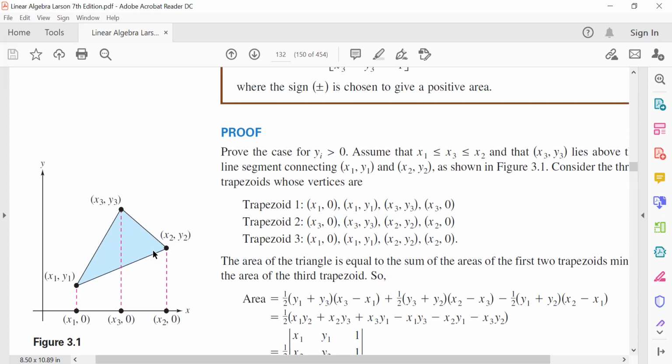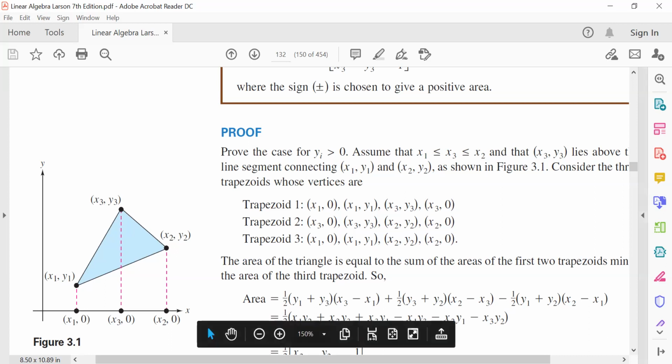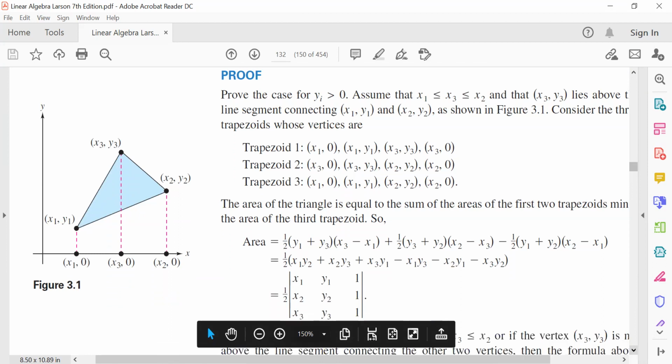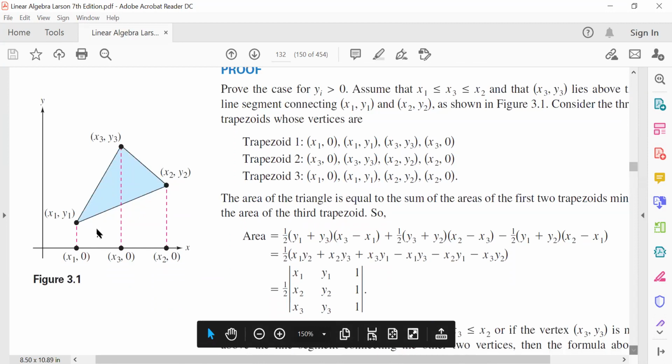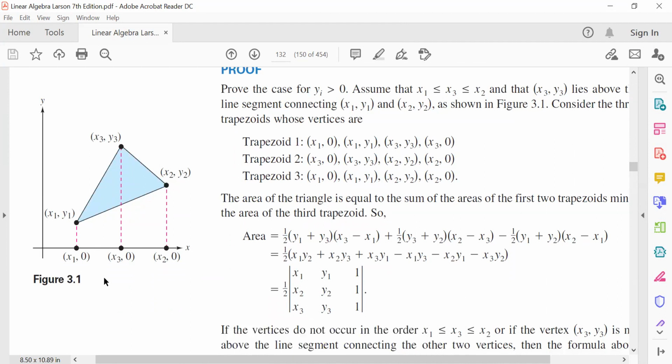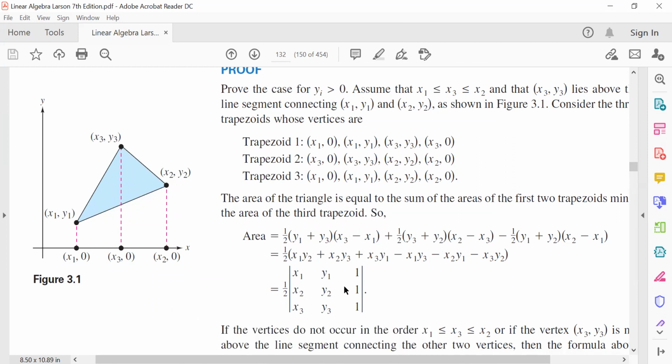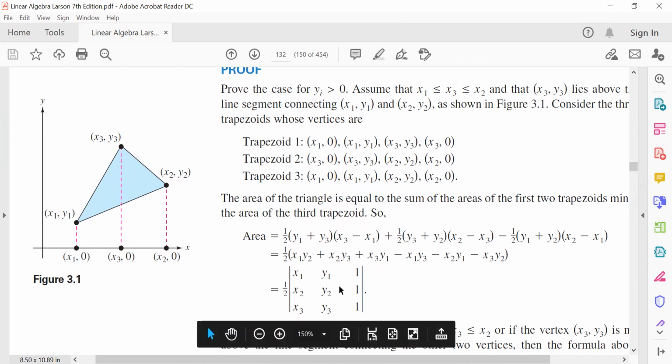Now, you can figure out with just basic geometry that the area of a trapezoid is 1/2 the sum of the bases times the height, and so you could just do all that to get these guys right there, and that is equal to this determinant.